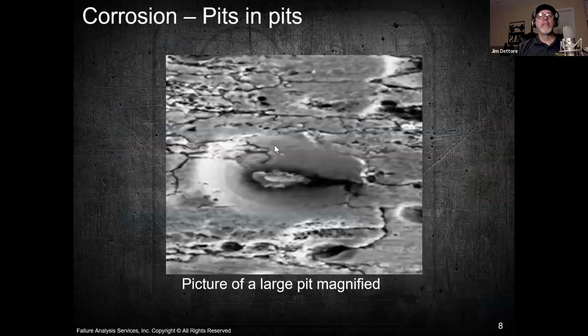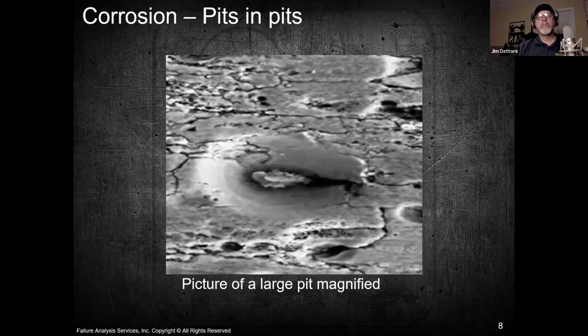So when we talk about how can I tell that it's corrosion, how do I know that it's not a different type of wear, how do I know that it's not a fatigue wear? Fatigue wear produces pits as well. When we look at the corroded surface, what tends to work well for us is we'll use a magnifier in the form of a USB microscope and set it right on the surface of the pit.